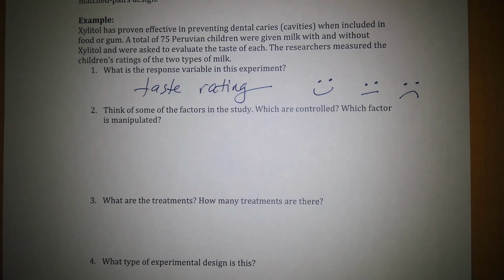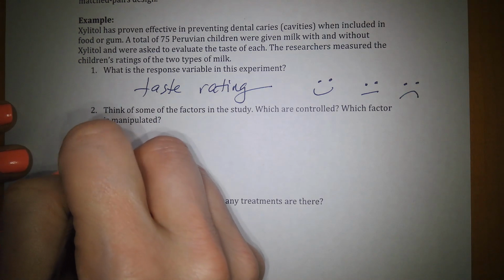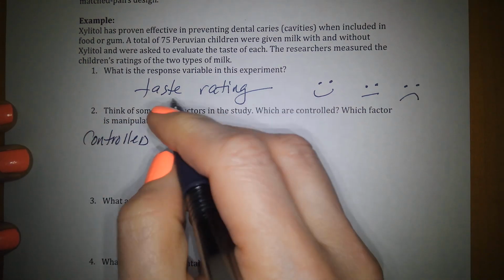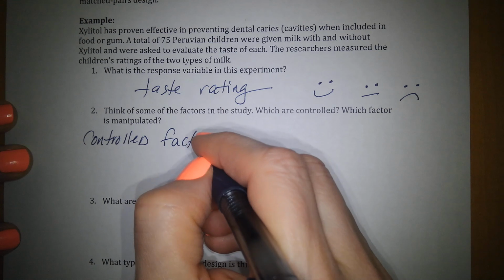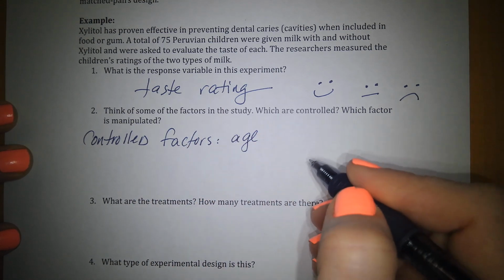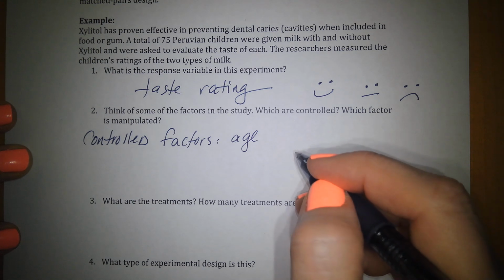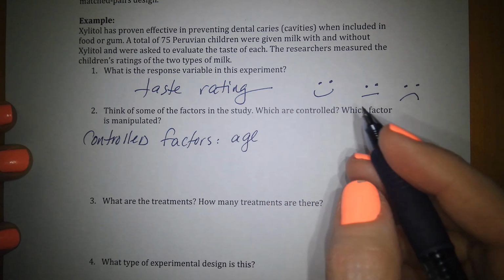Think of some of the factors in the study and which ones can be controlled and which ones are going to be manipulated. Things we can control: the ages of the individuals, we can control what ages are taking the actual milk taste ratings.